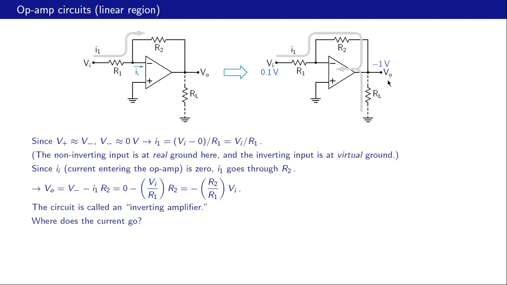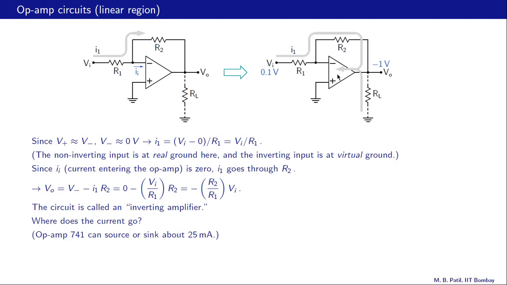Now in this scenario, we have 0 volts here, minus 1 volt here. So therefore, the current through RL would be like that. We have 0.1 volt here. The inverting terminal is at virtual ground. So we have a current going like that. And these two currents essentially combine and enter the op-amp as shown here.